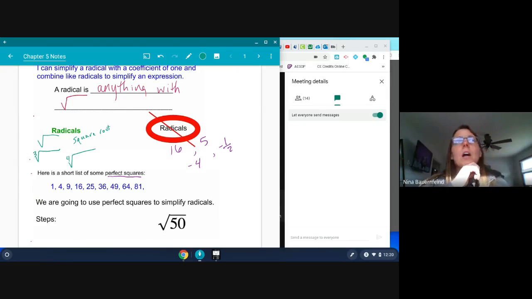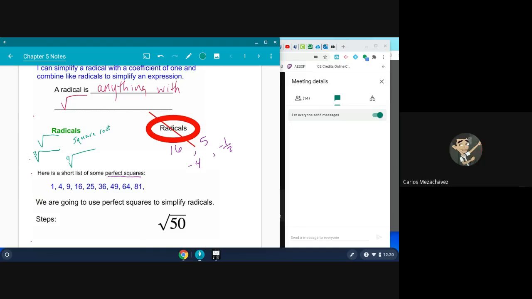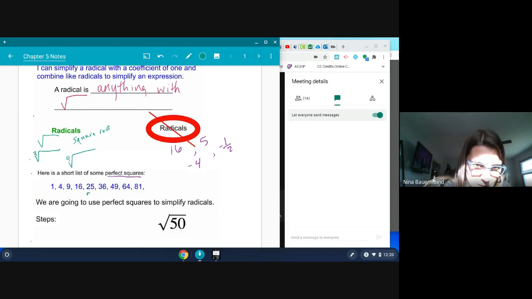For example, what is 5 times 5, you guys? 25. Yep. So this 25 comes from 5 squared, or 5 times 5. What's 4 times 4? 16. So this one comes from 4 squared. 3 times 3 is 9. 2 squared is 4. 1 squared is 1. 6 squared, 7 squared, 8 squared, 9 squared.